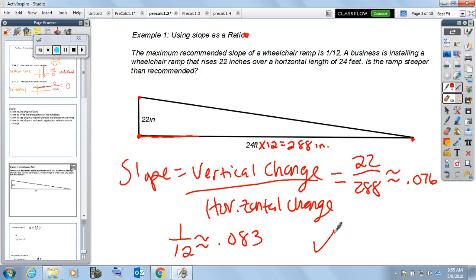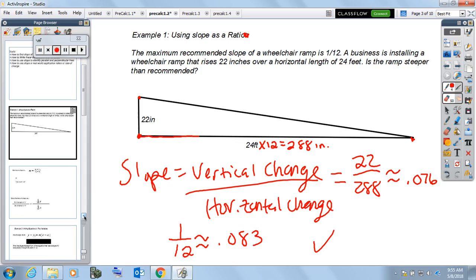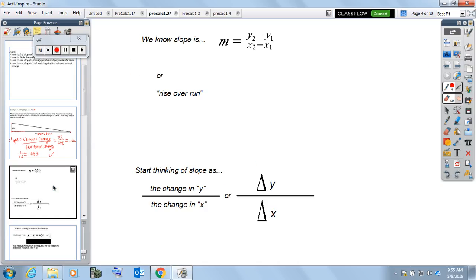All right, and now that's going to lead us into what I want to really start getting us into when we talk about slope. Now, it's very elementary to say rise over run. In my opinion, it's very elementary to even go by the definition of y2 minus y1 over x2 minus x1.